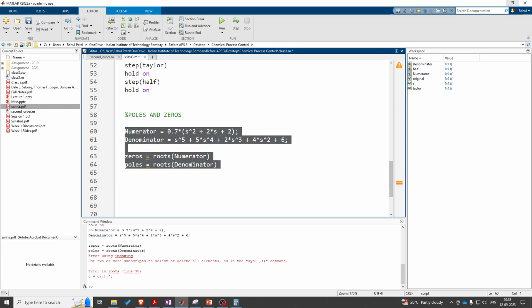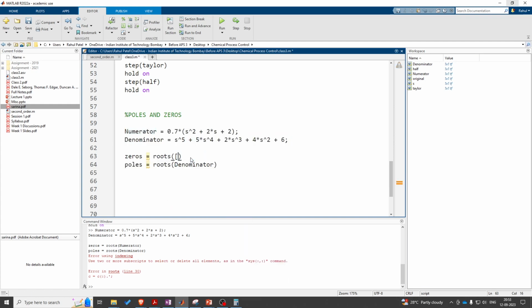In order to find these roots, we have to provide the coefficients of the polynomial. So for the numerator that will be 1, 2, 2. Similarly, the coefficients of the fifth order polynomial for the denominator will be 1, 5, 2, 4, corresponding to s we have 0, and then it is 6.